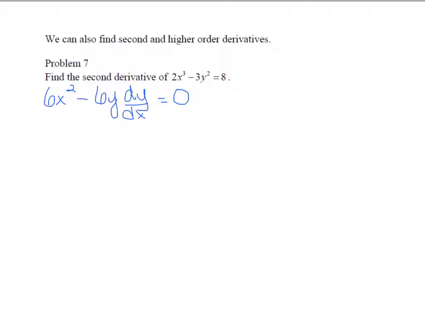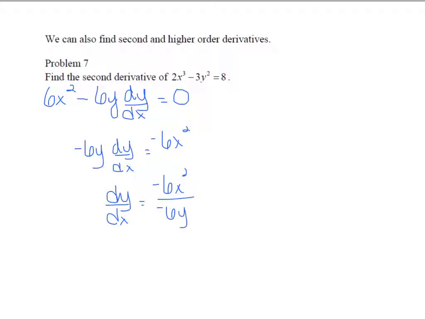So we have negative 6y dy/dx equals negative 6x squared. Then we'll divide by negative 6y. So dy/dx equals negative 6x squared over negative 6y. So dy/dx equals x squared over y.